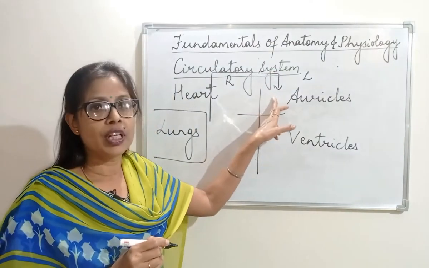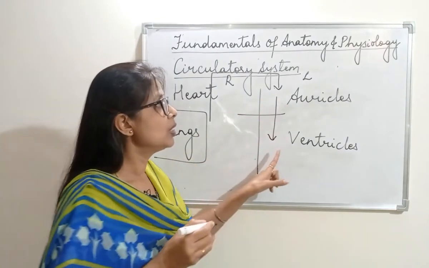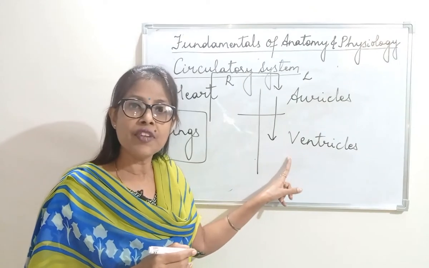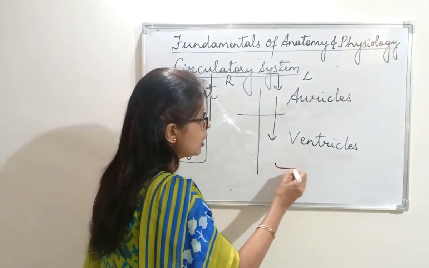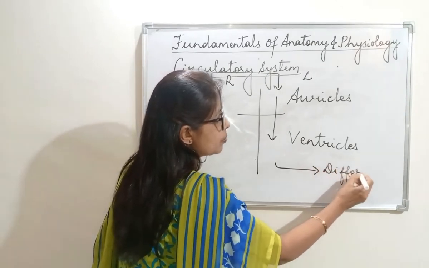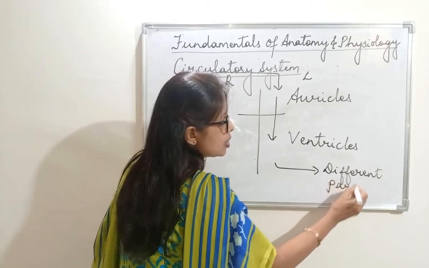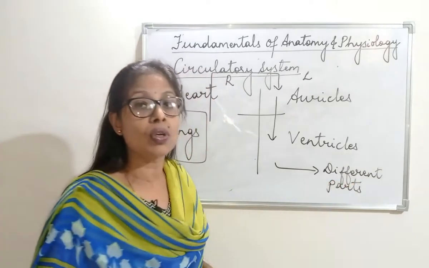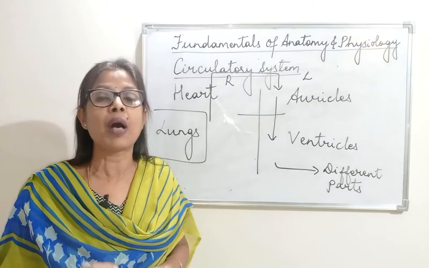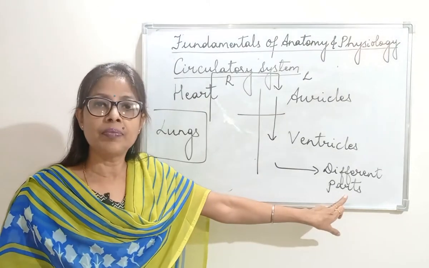From the left auricle, the pure blood passes into the left ventricle. From the left ventricle, the blood is passed to different parts of our body. When it is passed to different parts, it includes all the organs, all the cells, all the tissues, all the muscles, each and every part of our body receives this pure blood.